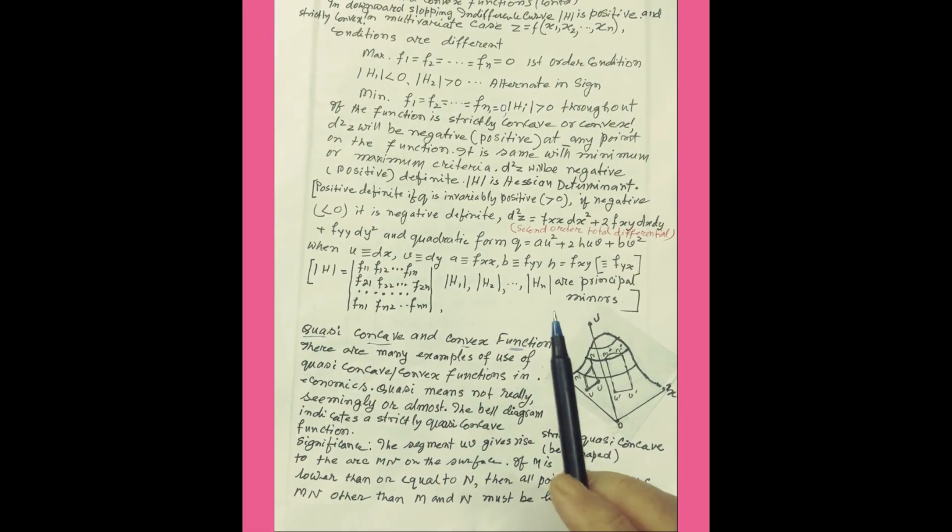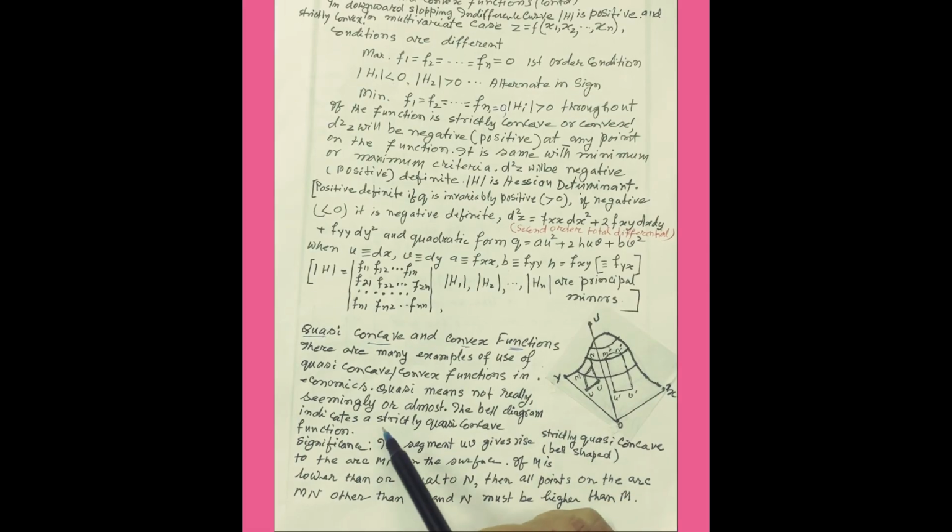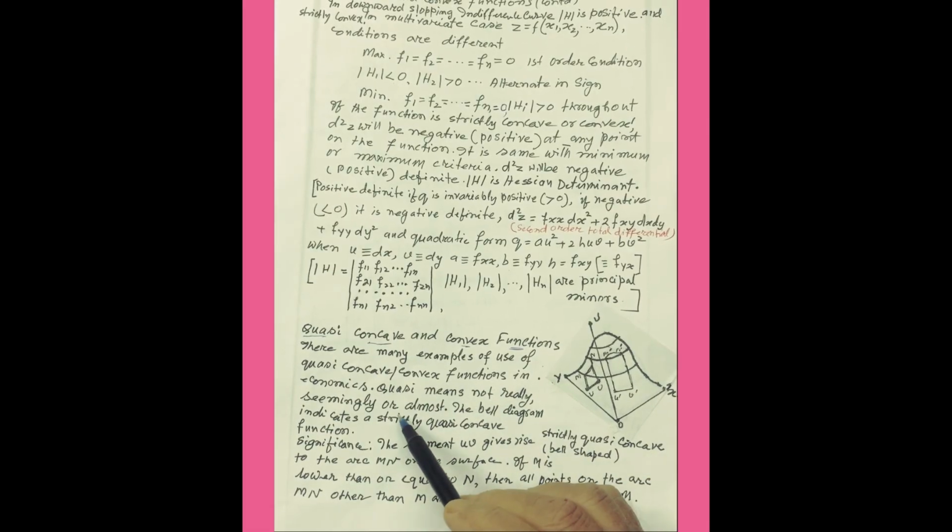Quasi means not really, seemingly or almost. It is almost the same, not exactly the same, but almost the same. It is not really the same thing, but it is near to that.